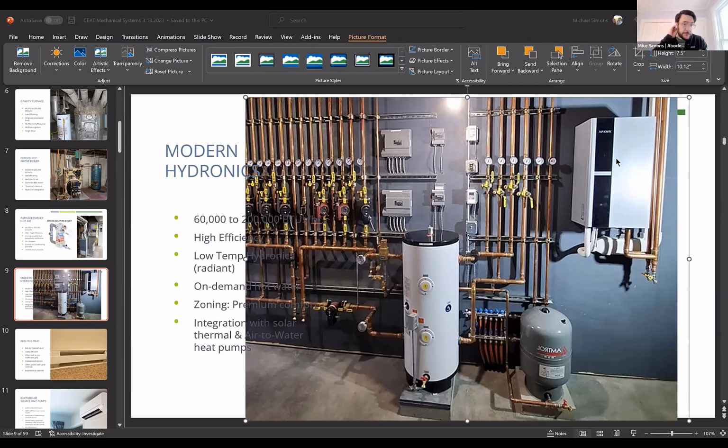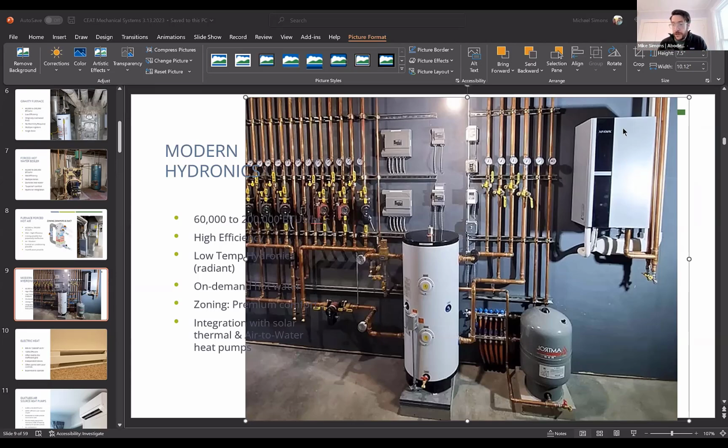So fresh air is being brought in from the outside for combustion. Combustion's taking place inside of this box that's hanging on the wall. And then so much heat from the exhaust is pulled out of it that this thing is going to be, say, anywhere between 90 and 97% efficient.